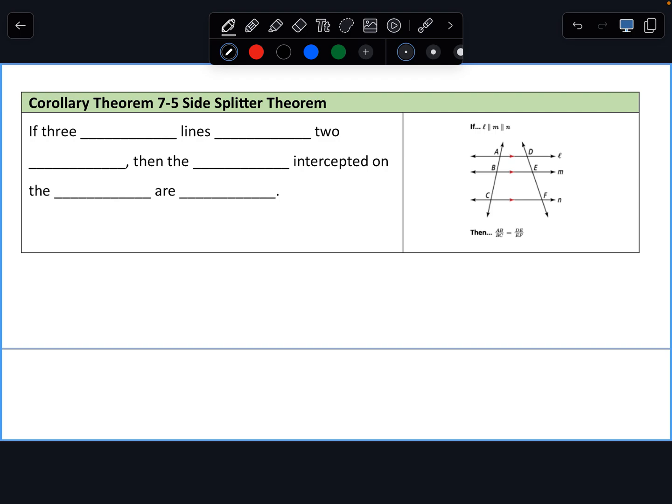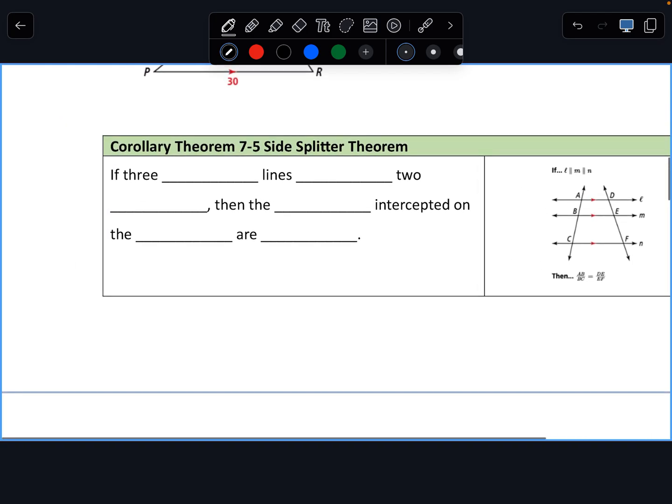This is going to be a situation where we have parallel lines that intersect two transversals, but those transversals don't create a triangle. So we don't necessarily need to have triangles to get these proportional segments. What we need are parallel lines.